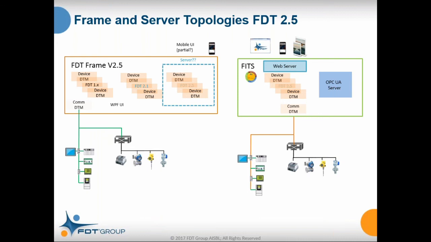Why did FDT get founded in the first place? It was because every vendor had their own software tools to configure devices and nothing was compatible, and by the time you got all those vendors' tools, you had a stack of CDs in your office that you needed a librarian to manage. If we're not careful, we're headed right back to there, and all we're changing from is CDs to apps. And we already can see that in the marketplace.